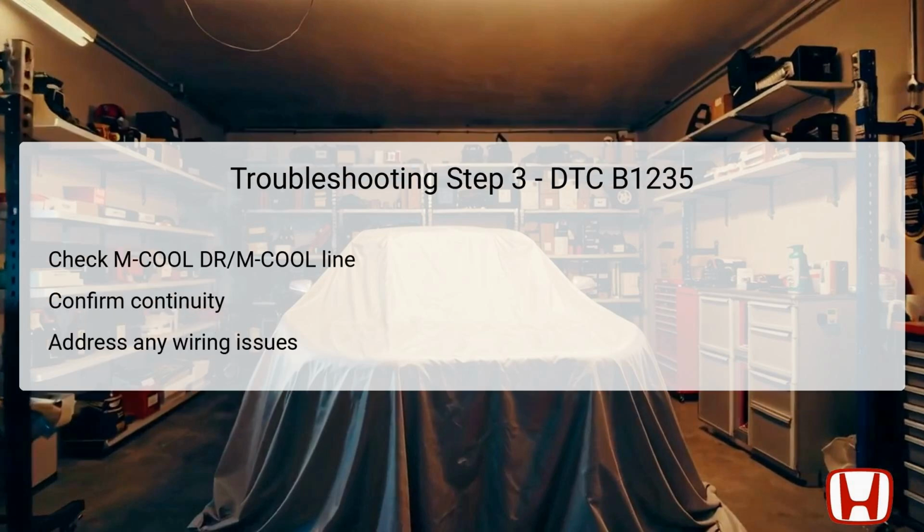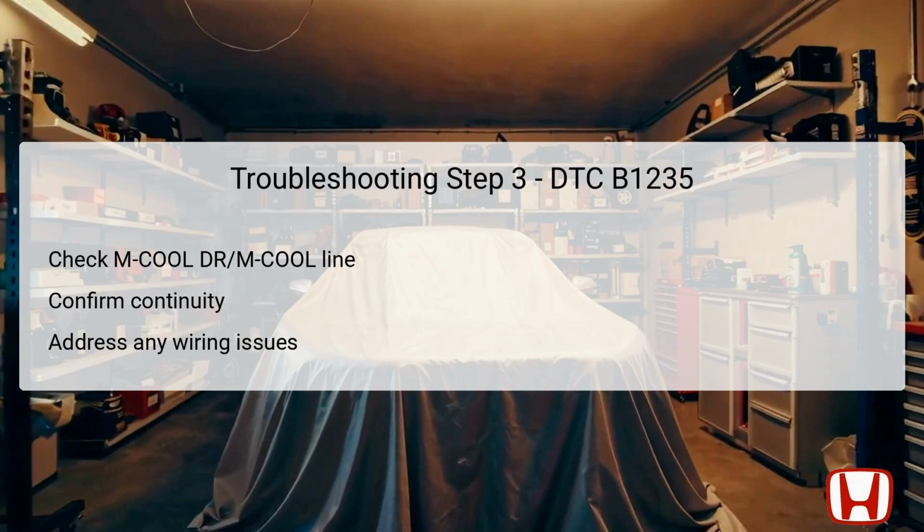Step 3 involves a similar procedure where the focus shifts to checking the M-Cool-DR line. Under the same conditions as the previous step, ignition in the lock position and connectors disconnected, you will need to check continuity between the climate control unit's number 3 pin, LT blue wire, and the driver's air mix control motor's number 6 pin, also LT blue.